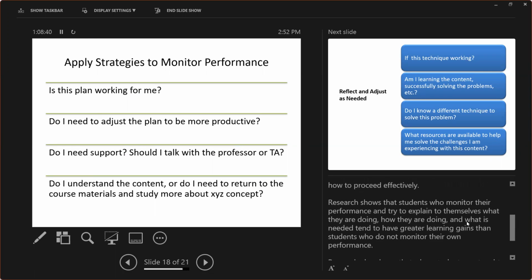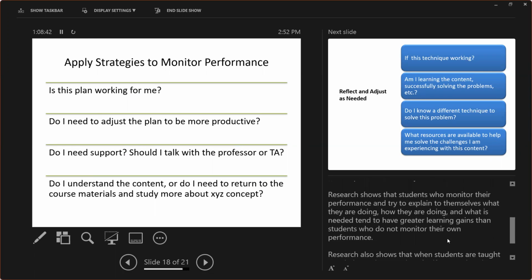And the research shows that when students monitor their own performance and try to explain to themselves what they're doing, how they're doing it, and what they need to do to be successful, those students have greater learning gains than students who don't monitor their own performance.